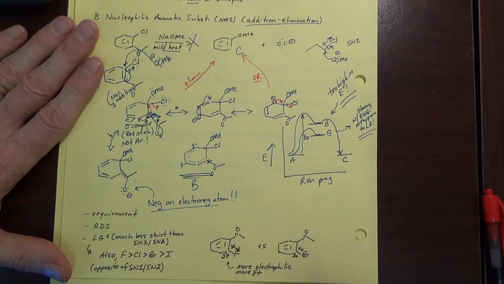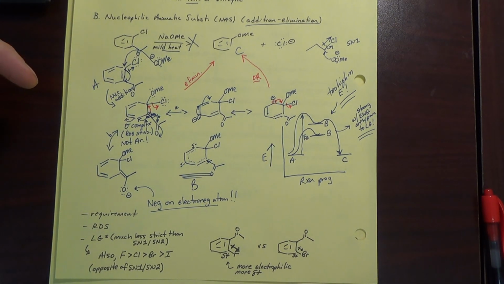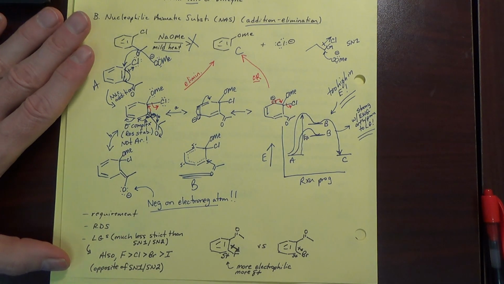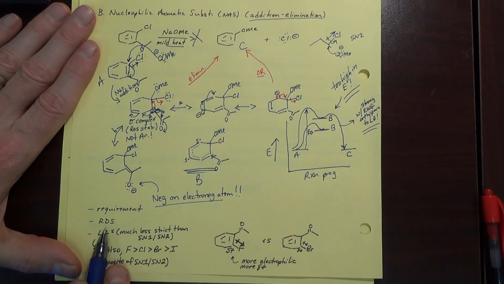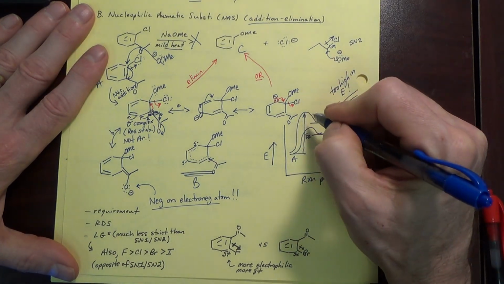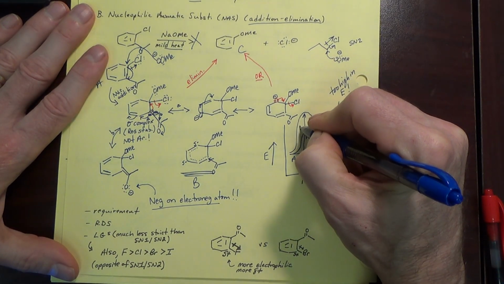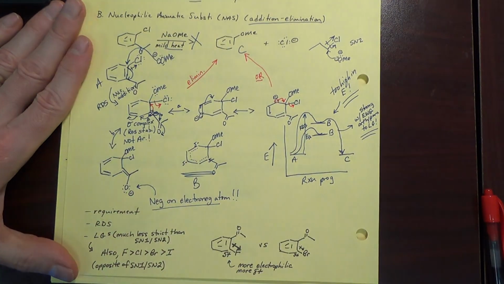Basically the group 4 in the EAS. Sulfones, sulfonic acid groups, carbonyl groups, nitro groups. Those are the most common to facilitate the NAS. What is the rate determining step? Well, it's the nucleophilic addition.